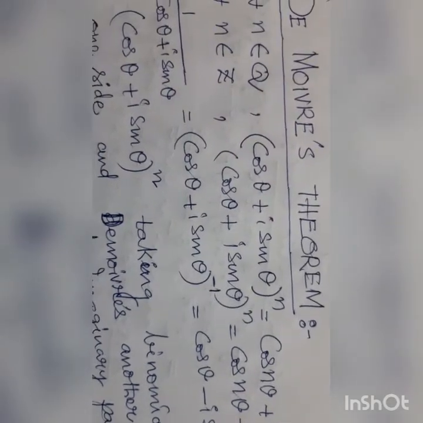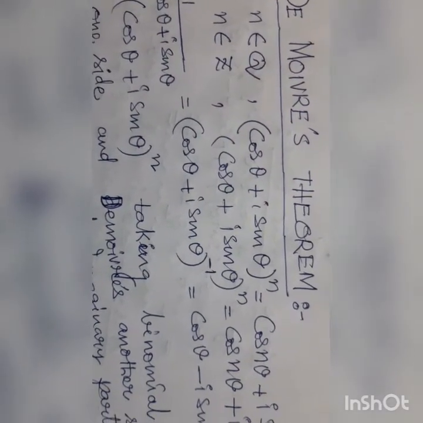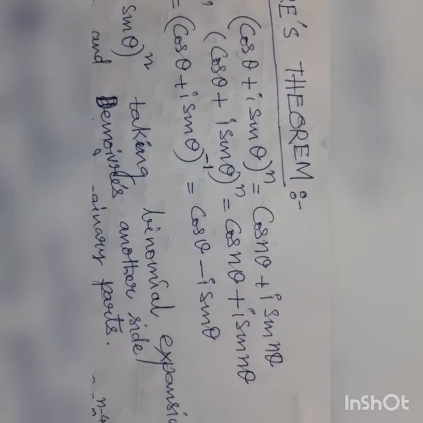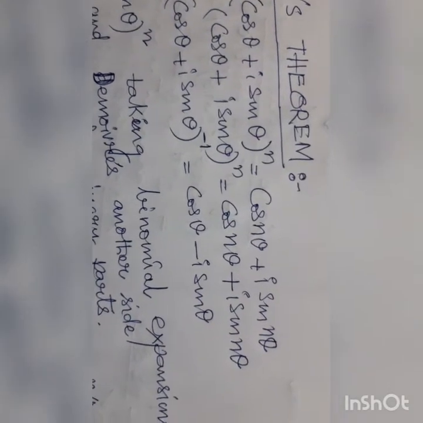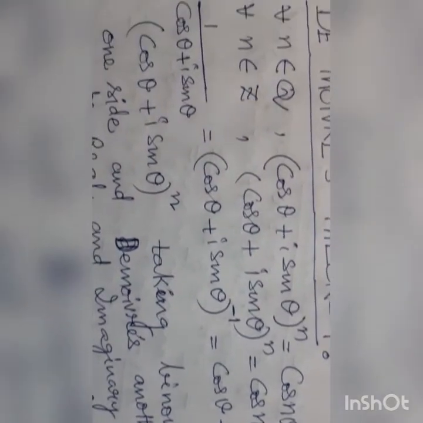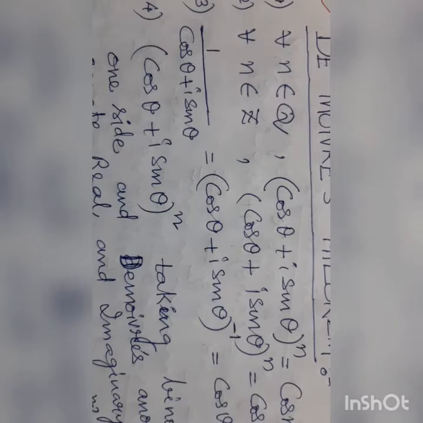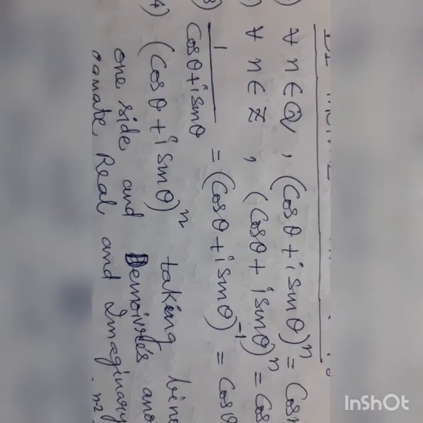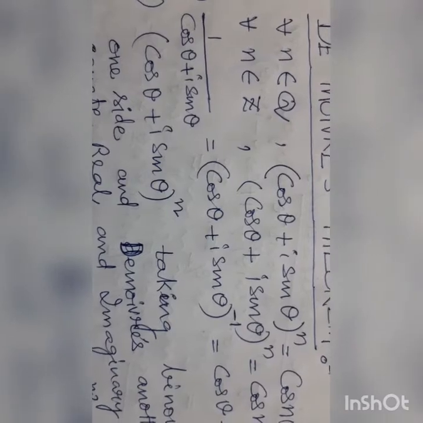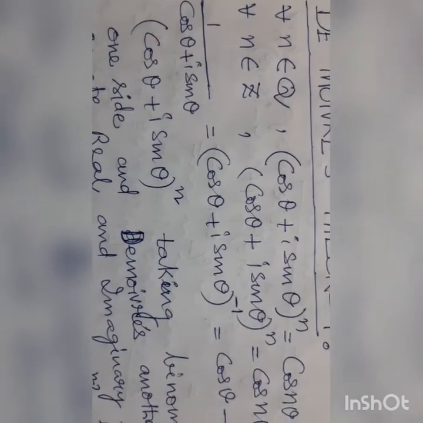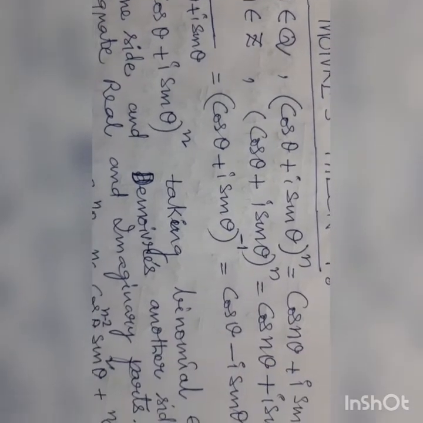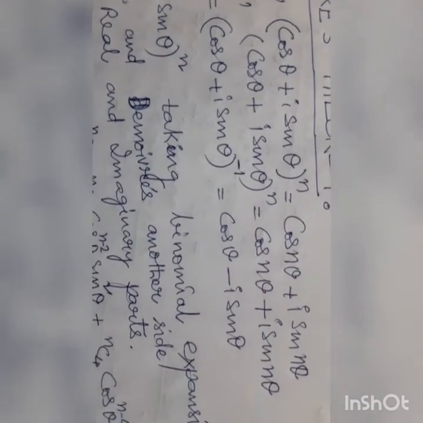For all n belongs to Z, (cos theta plus i sin theta) whole power n is cos n theta plus i sin n theta. Similarly, 1 by (cos theta plus i sin theta) equals (cos theta plus i sin theta) whole power minus 1, which equals cos theta minus i sin theta.